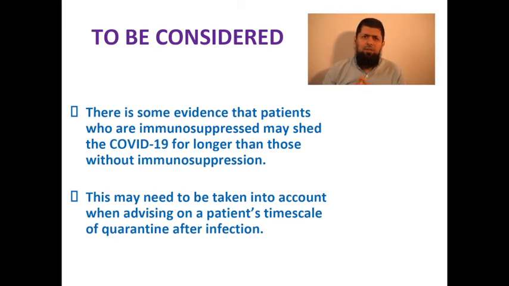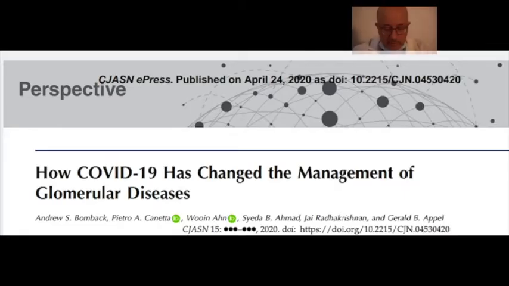A very important point to be considered is that there is some evidence that patients who are immunosuppressed may shed COVID-19 for longer than those without immune suppression. This may need to be taken into account when advising on a patient's time scale of quarantine after infection, which should be prolonged. A paper was published from Columbia University addressing the management of glomerulonephritis in the COVID-19 era.